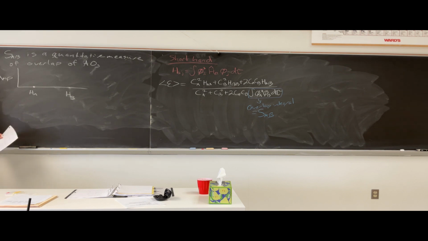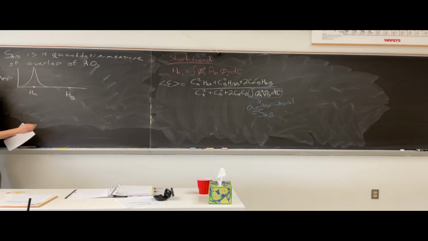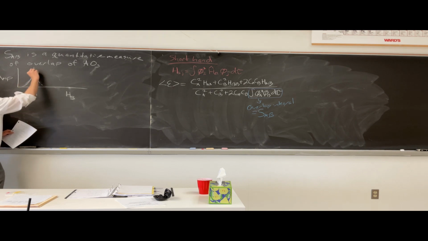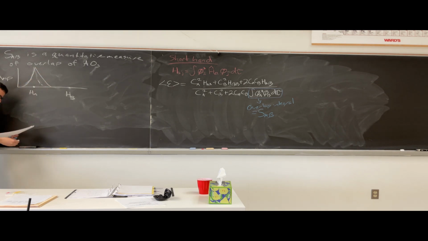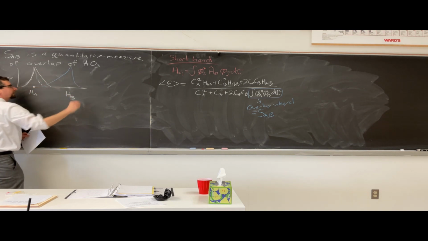Or excuse me, what does the wave function look like? It's going to look something like this. Slater type orbital. I didn't make that big enough. Try that over again.